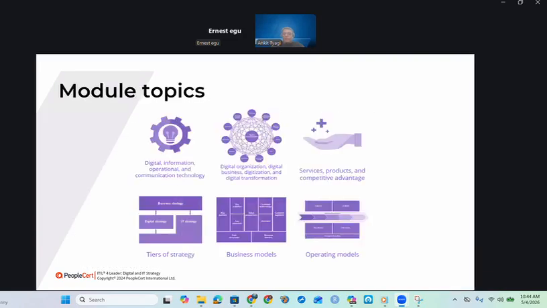There are six topics here that we are going to go through: digital information, operational, and communication technology; digital organization; digital business; digitization and digital transformation; services, products, and competitive advantage; the tiers of strategy, the business models, and the operating models.